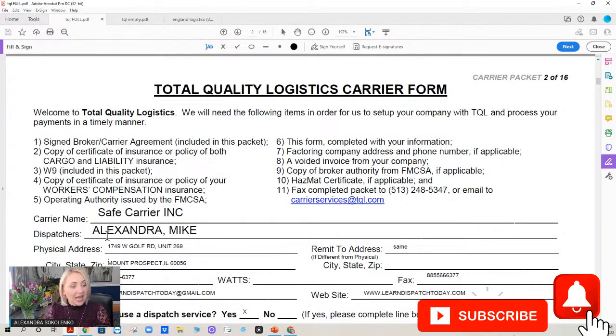Again, notice of assignment is what? Notice of assignment, this is agreement. This is paperwork, contract between whom? Between factoring company and carrier. In this case, Safe Carrier Inc., I name it, right? Safe Carrier.